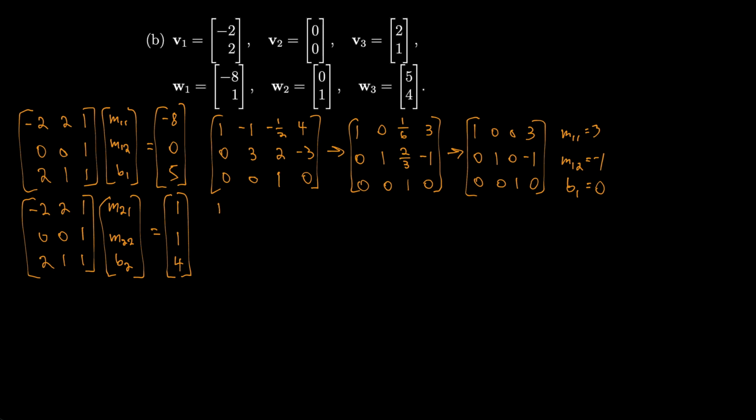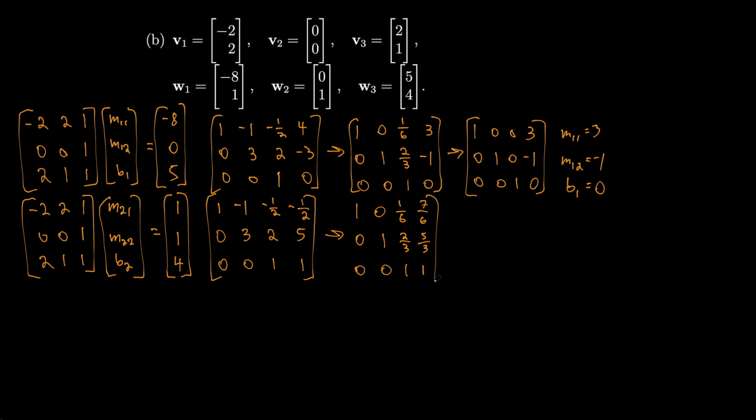For the second matrix, 1, minus 1, minus a half after dividing, and then 0, 3, 2, 5, 0, 0, 1, 1. After swapping, becomes 1, 0, 1, 6, 7, 6, 0, 1, 2 thirds, 5 thirds, 0, 0, 1, 1.